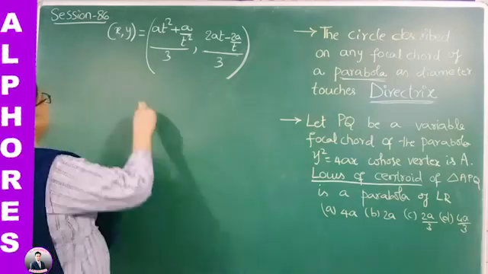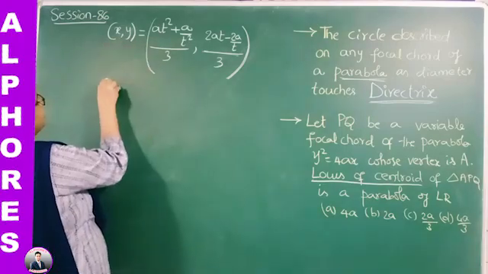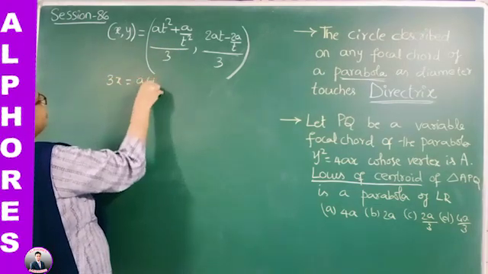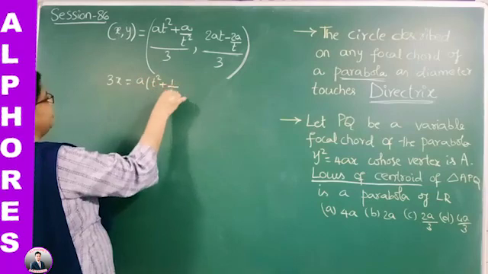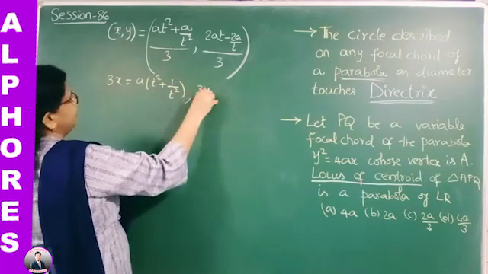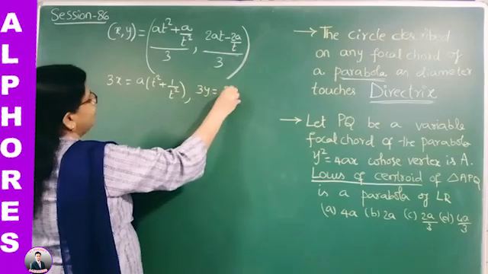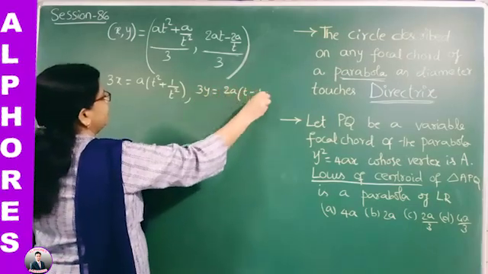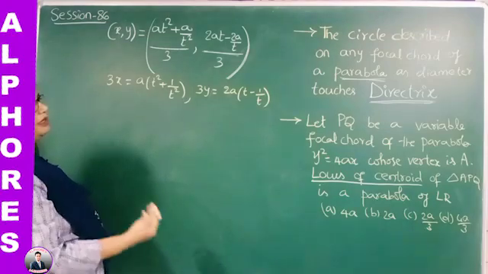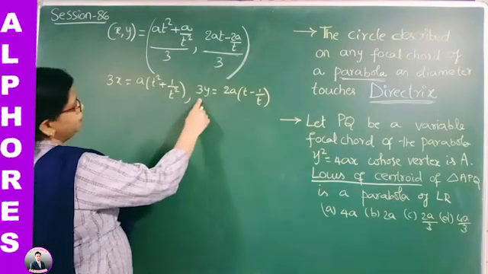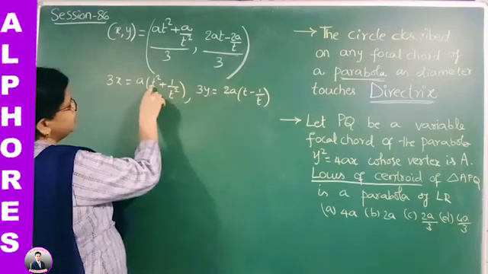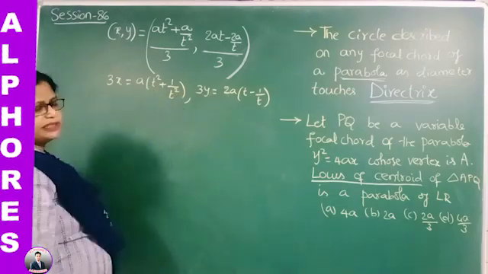Now if I take equating abscissa, you will get 3x is equal to a into (t square plus 1 by t square), and if you use the ordinate, that is 3y equal to 2a, if you take common, it is (t minus 1 by t). Okay students, now our interest is the elimination of t. For that purpose you can make use of squaring both the sides, because t square plus 1 by t square is here.